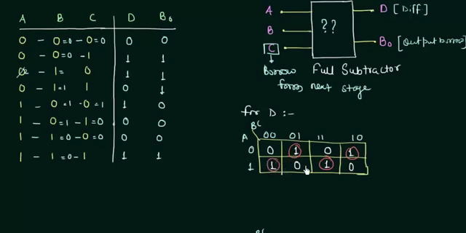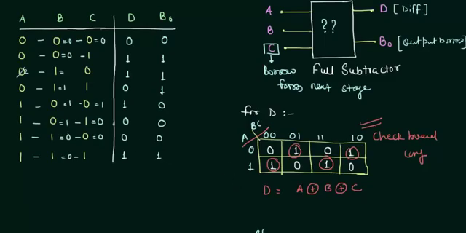We cannot make a group of these ones. You can see that. And whenever this type of case appears in your K map, we call it a checkerboard configuration. And whenever you are having a checkerboard configuration, the difference is directly written as the XOR combination of the inputs, which means that D is equal to A XOR B XOR C.